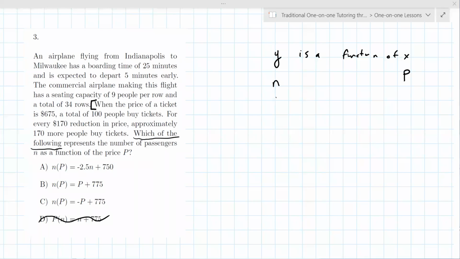I think I disconnected for just a second. Yep, I see you're back. So what I was asking you to do is to just look at the second half of the question here, the prompt, and see if you see a price and a number of passengers. For example, when n is 100, what is the price? You see that the price is $6.75.